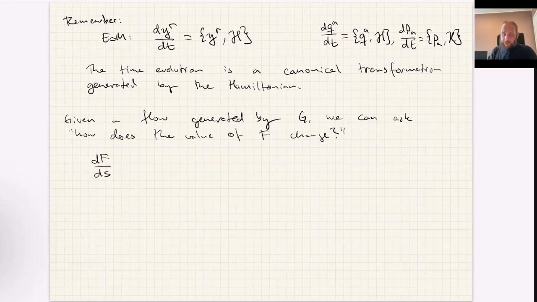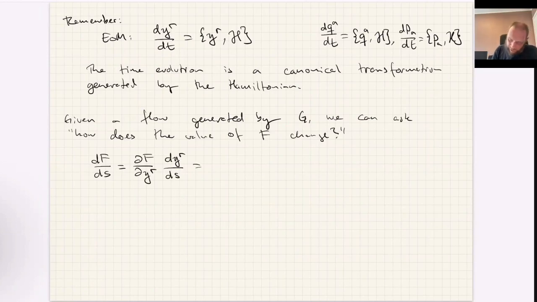But we can here use the chain rule for derivatives. So this is df/ds. This is a partial derivative. F is a function of the phase space coordinates. So we have the partial of f with respect to y_r, and then we have dy_r/ds, right?